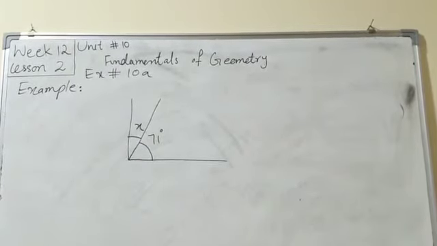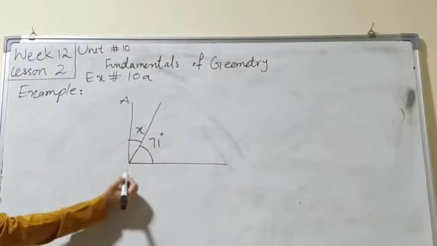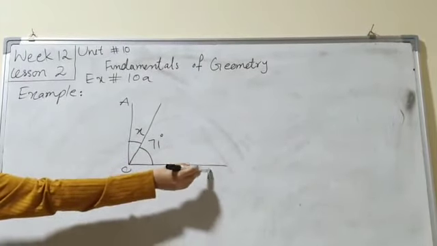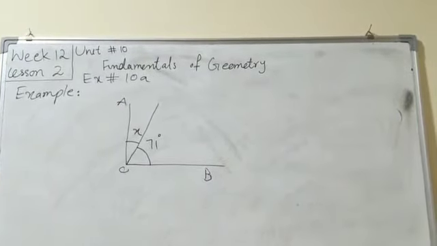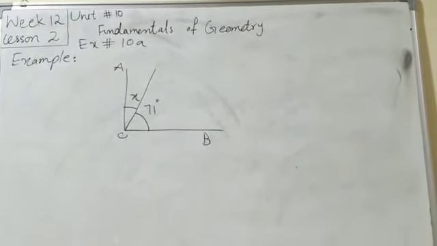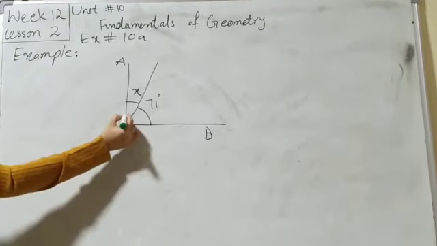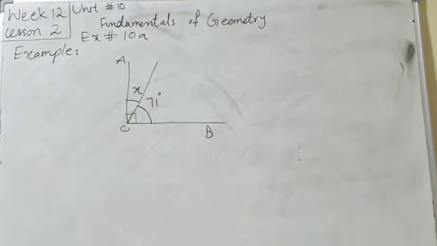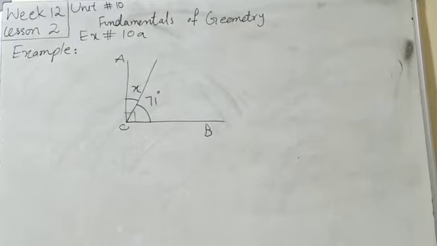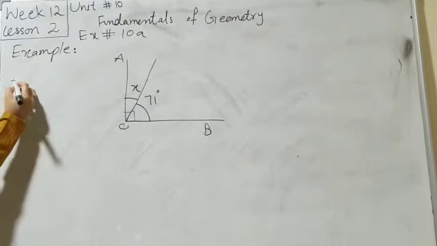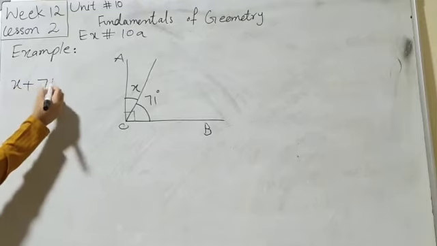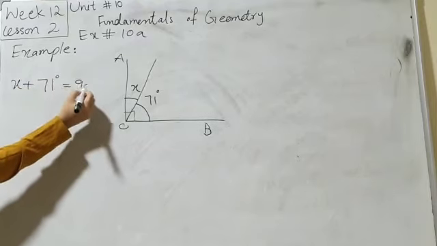Now the angle AOB, total angle, is equal to 90 degree, right? We can write it as 90 degree. So we can now make an equation from this, that x plus 71 degree equals to 90 degree.